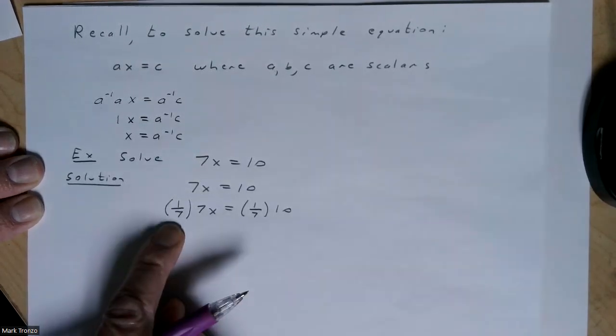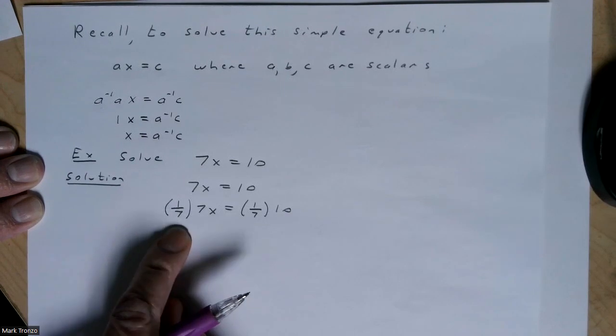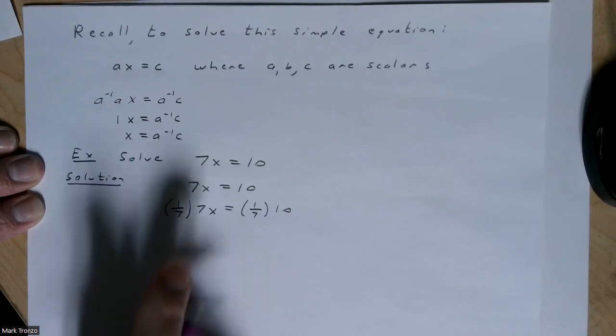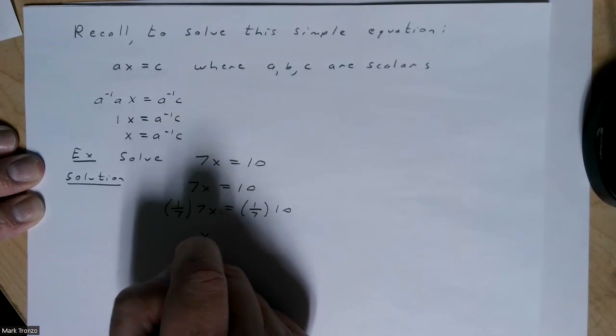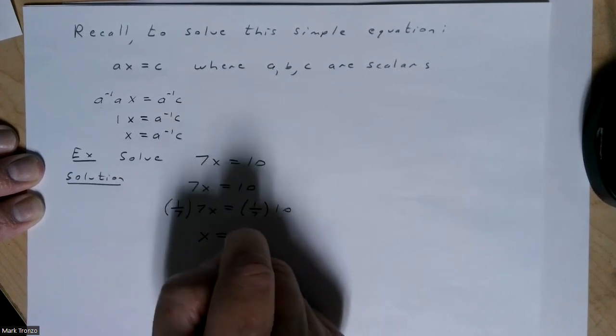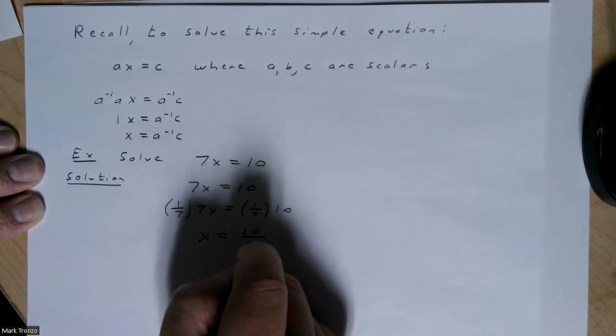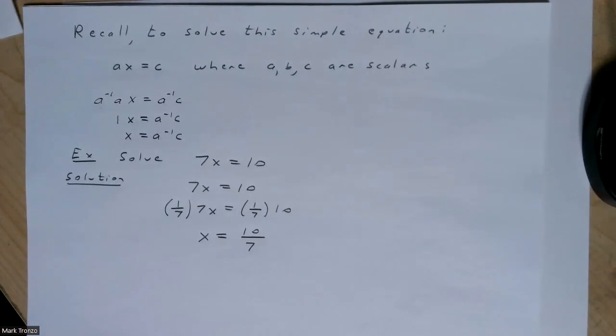And of course, 7 times 1 over 7 is 1. So it's going to give us 1x, or x. And then on the right-hand side, we have 10 over 7, like this. That's a very rigorous way to solve a simple algebraic equation.